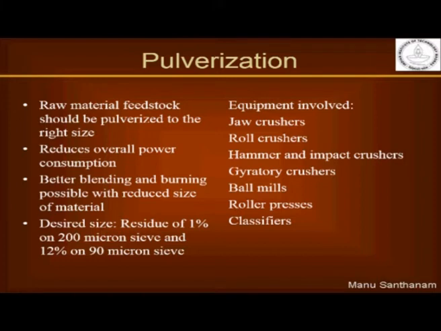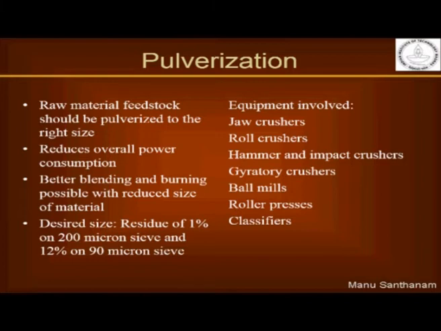Just as a guideline, the desired size that you expect after the grinding process is a residue of 1% on the 200 micron sieve and 12% on the 90 micron sieve. So please remember, we are grinding it already very fine. Even before the process of cement manufacture has started, the raw materials are being ground to a very fine size.